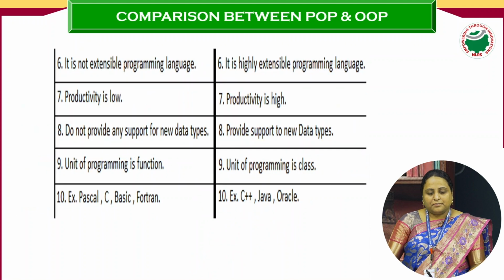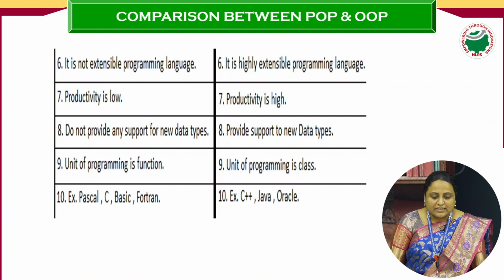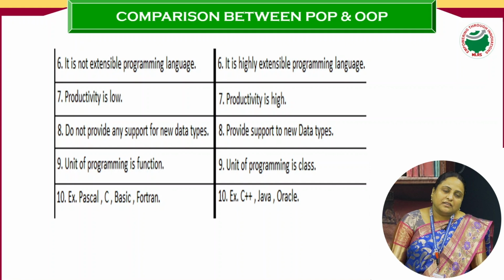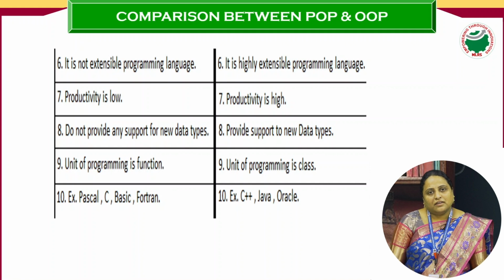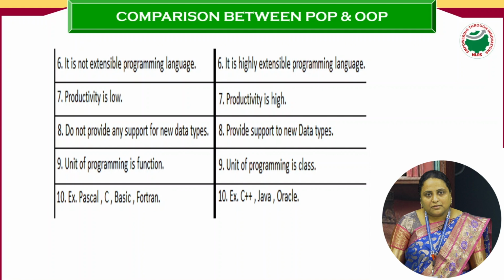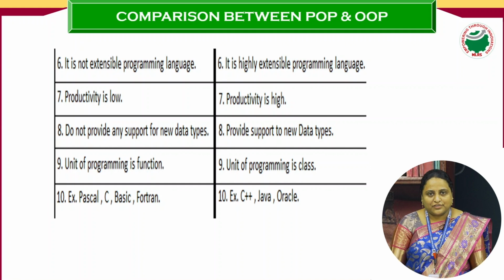And next, it is not an extensible programming language, but object oriented programming is highly extensible. The productivity, that is, what applications you can develop from these languages, is very low compared to object oriented programming languages, where you have high feasibility of developing different applications.